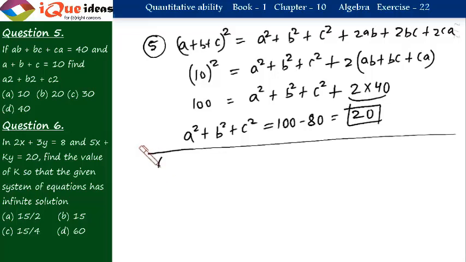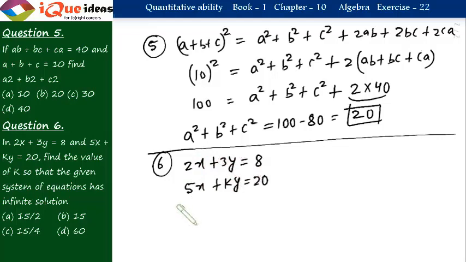Now question number 6. The question says 2x plus 3y equal to 8 and 5x plus ky equal to 20. Find the value of k so that the given system of equations has infinite solutions.